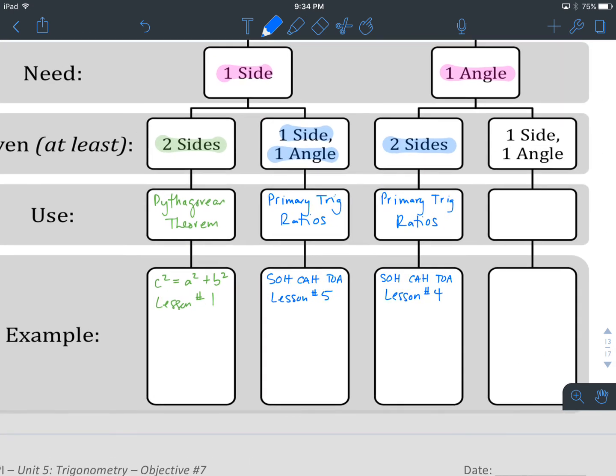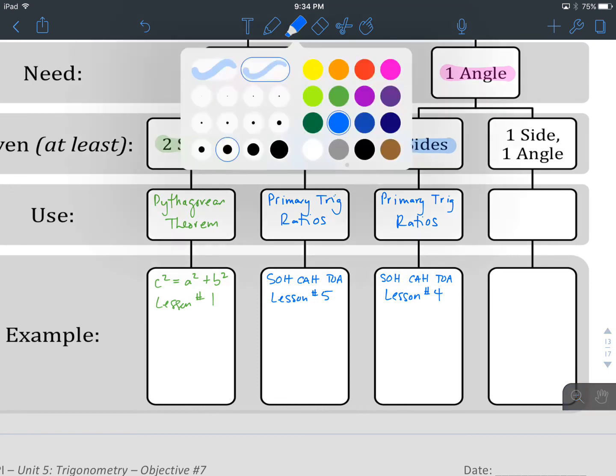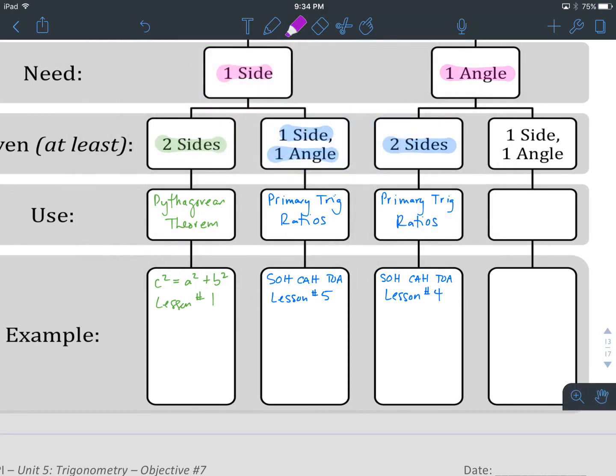Last but not least, what if we want an angle and what we've been given is 1 side and 1 angle? What we have at this point is we have 2 angles. The 90, of course, we want an angle, but we've been given the second of 3 angles.